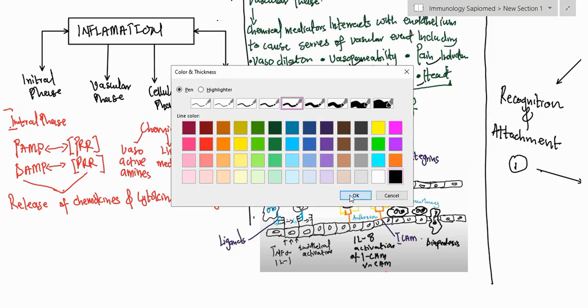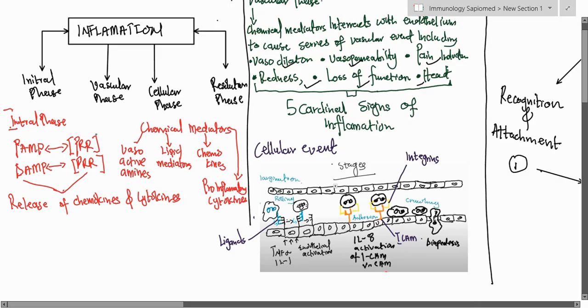So we went on to look at the various chemical mediators that are released, including vasoactive amines, lipid mediators, chemokines, pro-inflammatory cytokines, etc. These chemical mediators result in the vascular phase and some processes in the cellular phase.